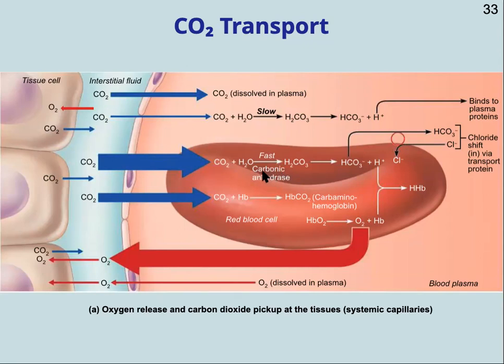Carbonic anhydrase allows the rapid conversion of CO2 and water to carbonic acid. This carbonic acid can then dissociate readily to bicarbonate ion and hydrogen ion. And then we also have transport proteins that allow for the exchange of bicarbonate out of the cell for every chloride that enters into the cell. And this process is called the chloride shift.